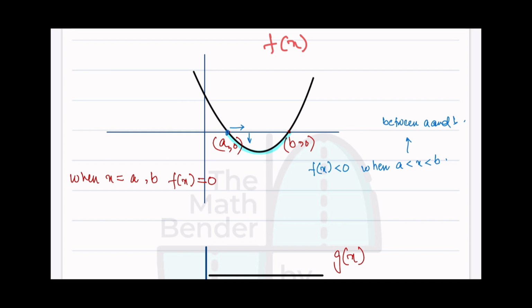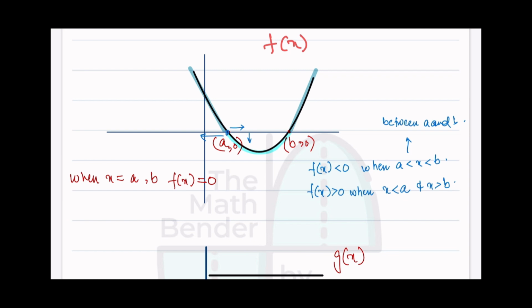And if we highlight this region and this one, as you can see, the curve is above the x-axis and it is positive. So we can say f of x is greater than 0 when x is less than a and x is greater than b.